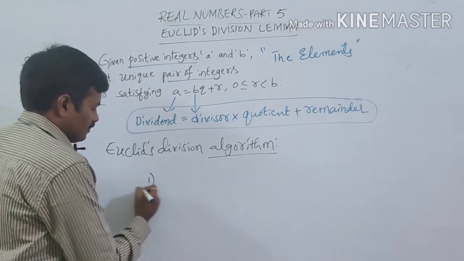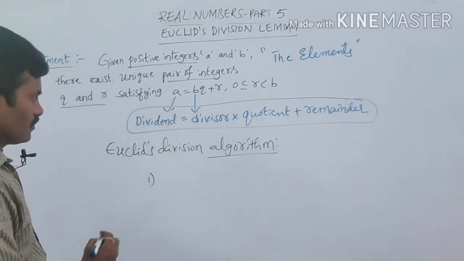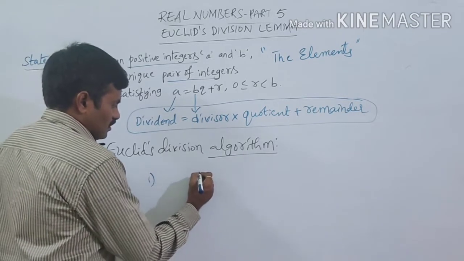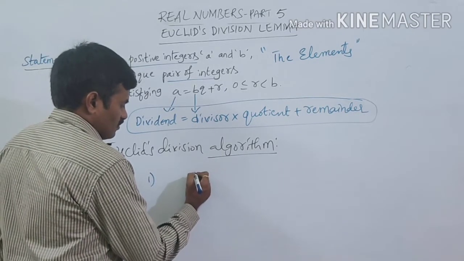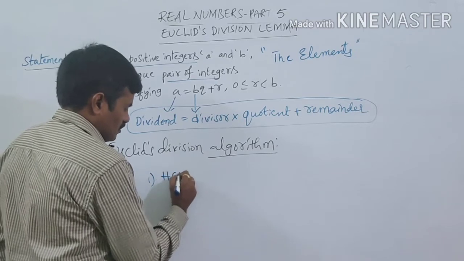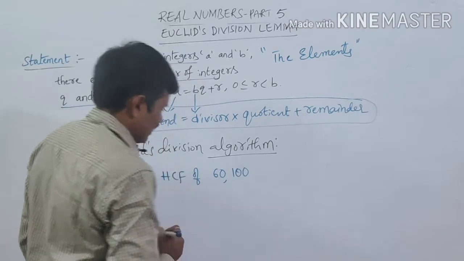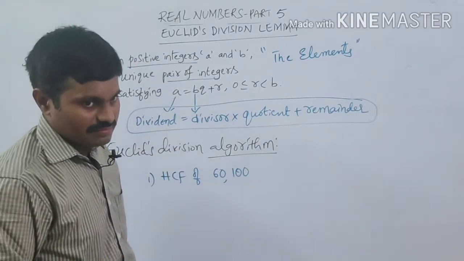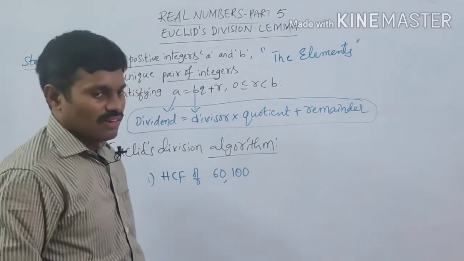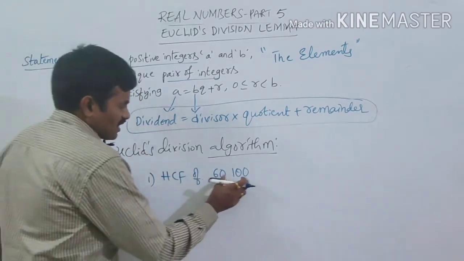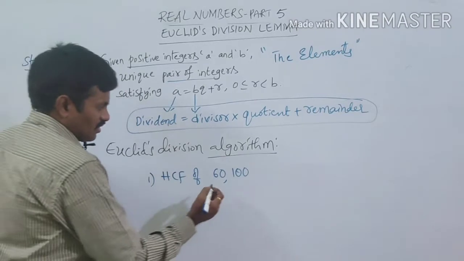In the first step, for example, if I take finding the HCF of 60, 100. In this, which one is greater?